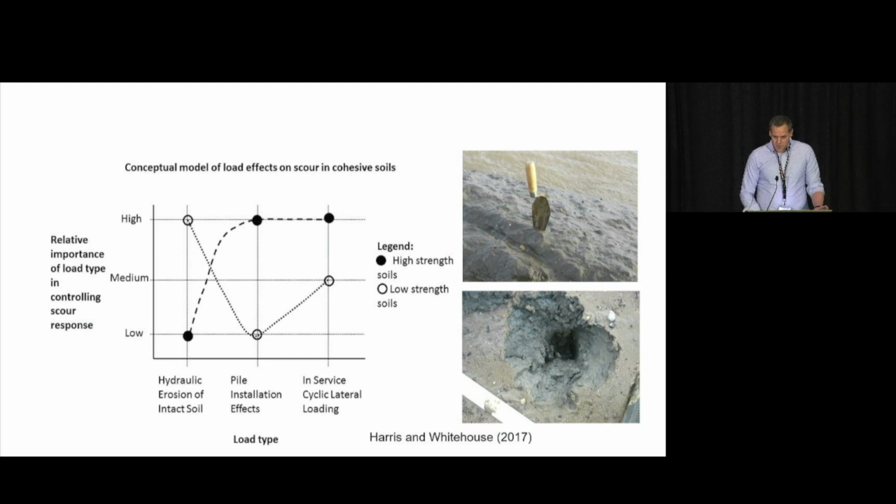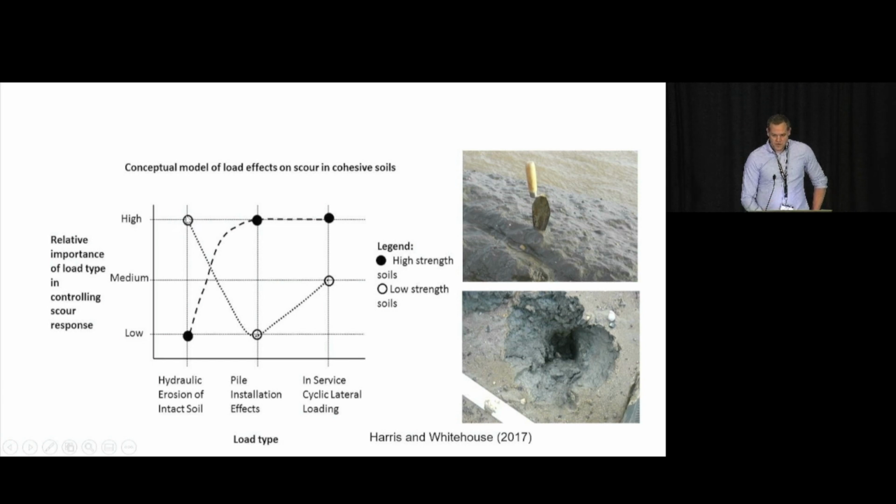So the hypothesis, and this is Richard's hypothesis, which I think is a good one, is not proven, but it's hopefully something that can be motivating for future research. What we've got here is an interesting plot, and we'll follow first of all these open circles. These are for a low strength soil, something that we're used to, like a sand or maybe a slightly silty sand.